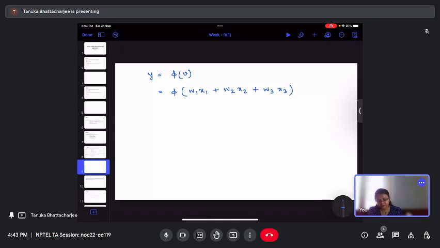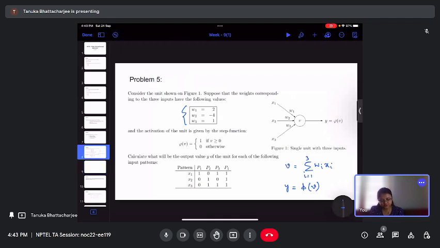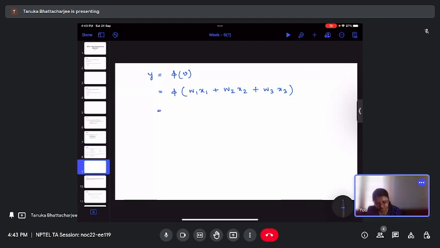Now, you have W1 is 2, W2 is -4, W3 is 1. You can simply put these values in the equation. So, this is my input output relation for this particular unit.